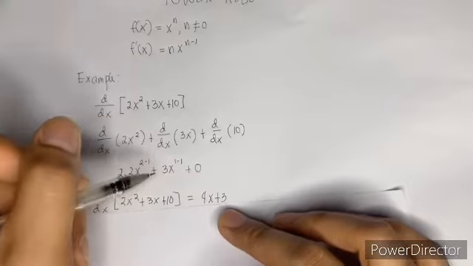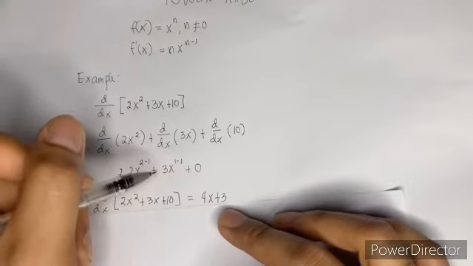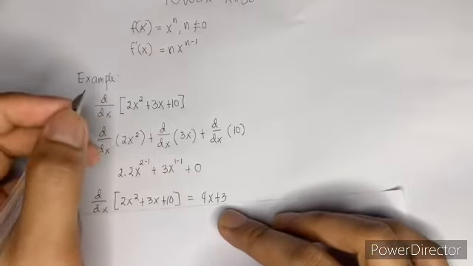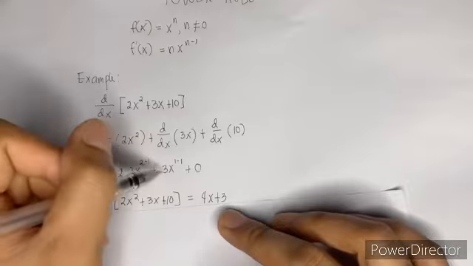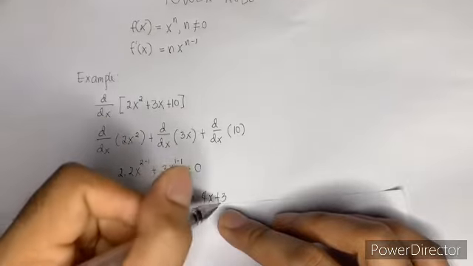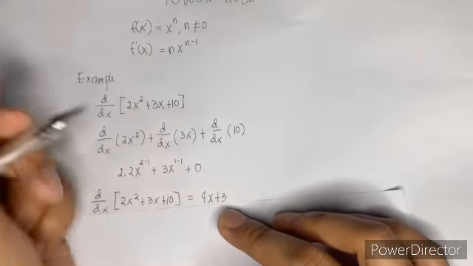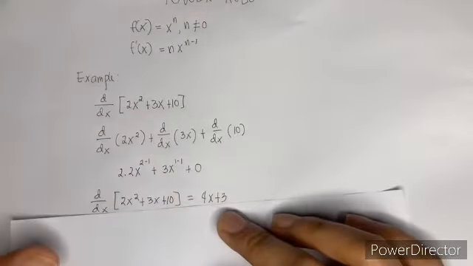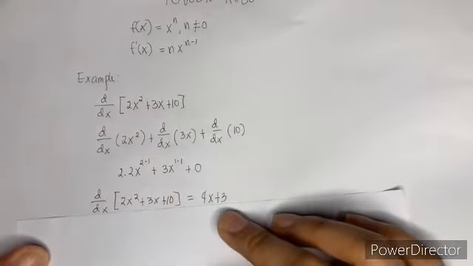So, x raised to 0 is equal to 1. So any number or any variable raised to 0 is equal to 1. So 3 times 1 is equals to 3. So ang 0, wala na yan kasi 0 naman yan. So ang ating derivative with respect to x, 2x squared plus 3x plus 10 is equal to 4x plus 3.